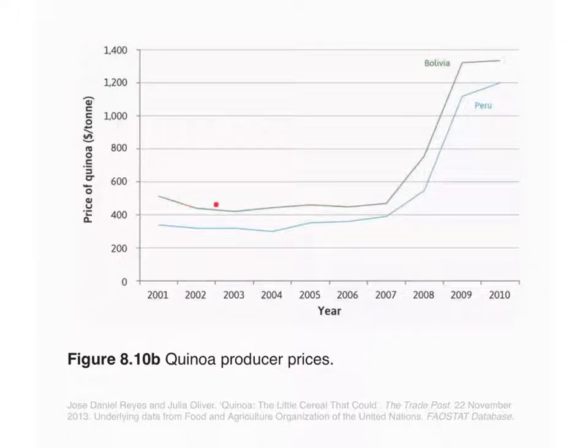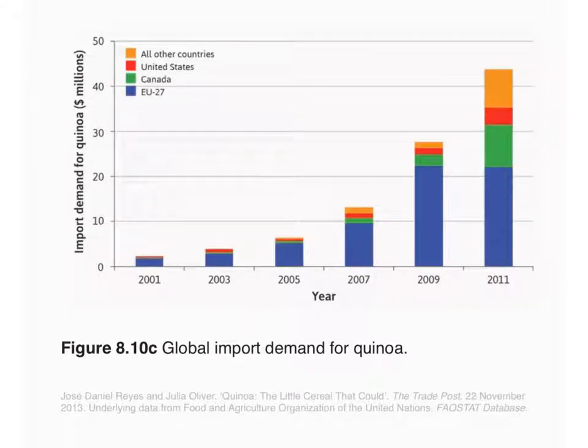We see that producer prices are pretty constant until 2007, 2008. And then we see world demand really exploding in 2008 and then 2009 and then 2011 as well.